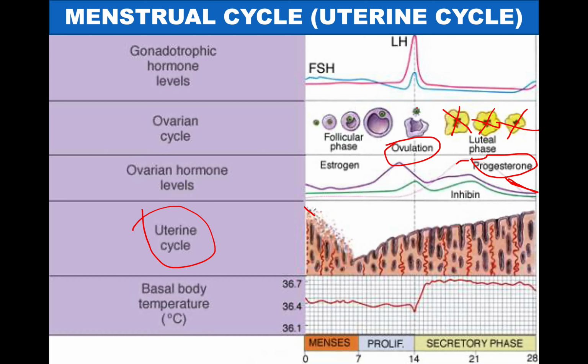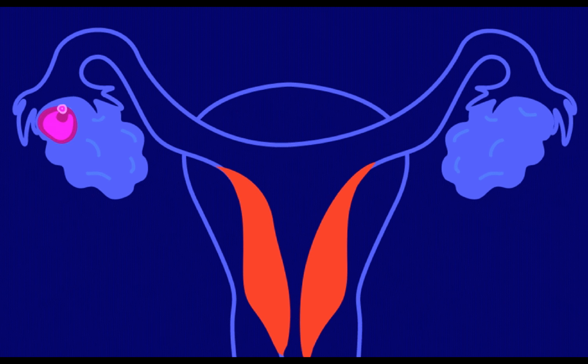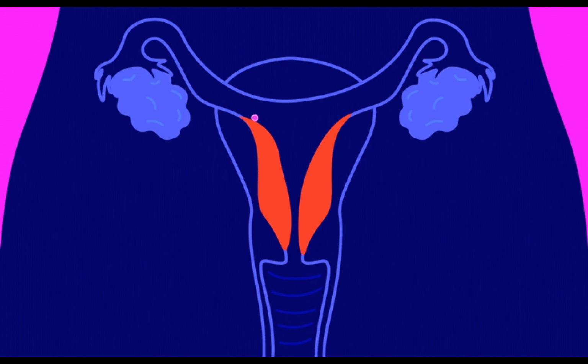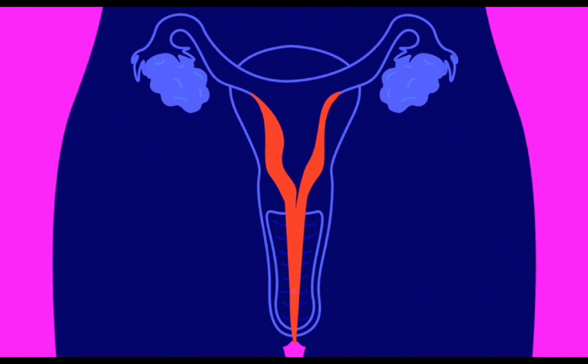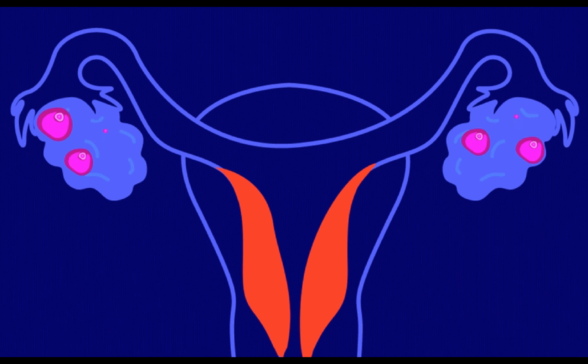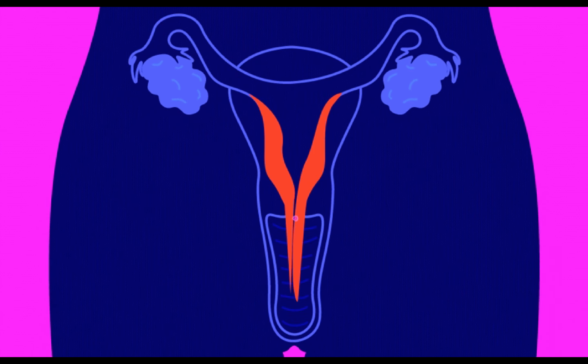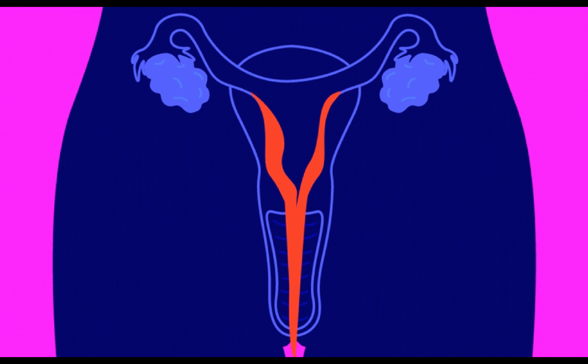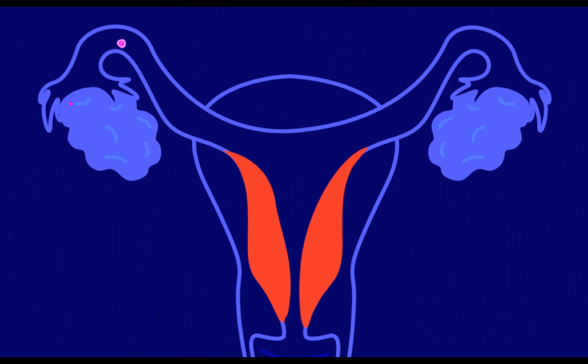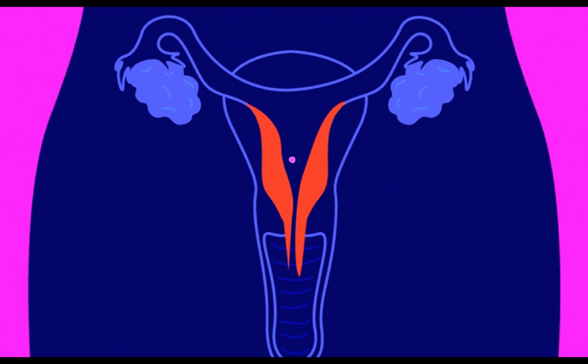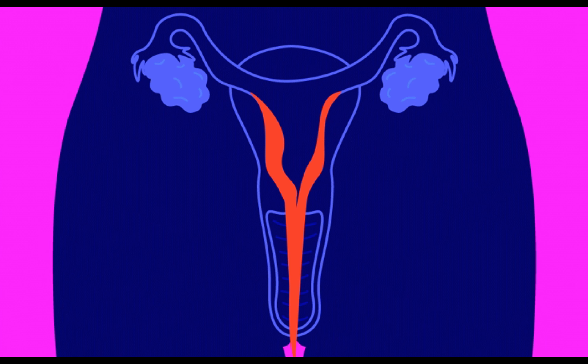Menstruation occurs. Then the thickened and vascularized tissue, meaning the tissues that are filled with all those lovely blood vessels, of the endometrium, is not going to be needed anymore for implantation. What's going to happen? The upper layers of the endometrium are going to break down.